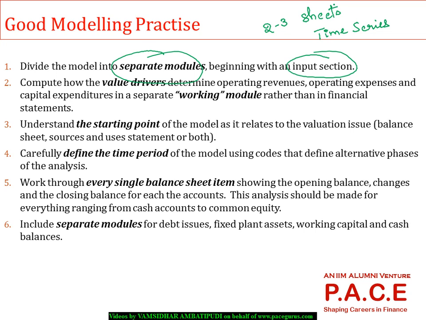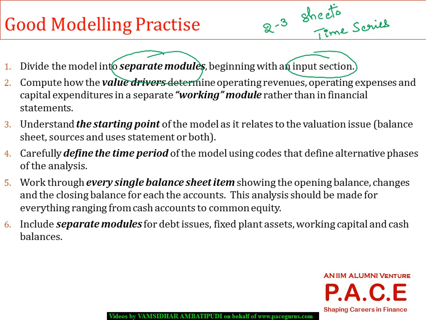Wherever I am taking different numbers for different years, I call them time series assumptions, whereas in the other case I can take them as one single-time assumption. So make sure you give thought before you actually get into building the model. Divide the model into separate modules.